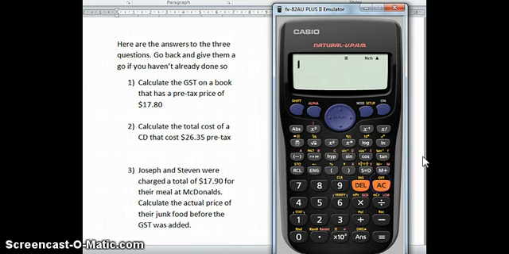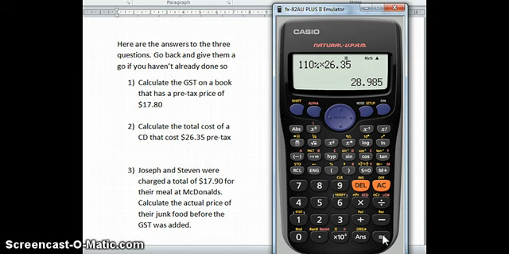Question two, calculate the total cost of a CD that costs $26.35 pre-tax. So we're finding the total cost, we're multiplying by 110%. So 110, shift left bracket, gets us 110%, and we times that by $26.35. Press our equals, and we get an answer of $28.985.